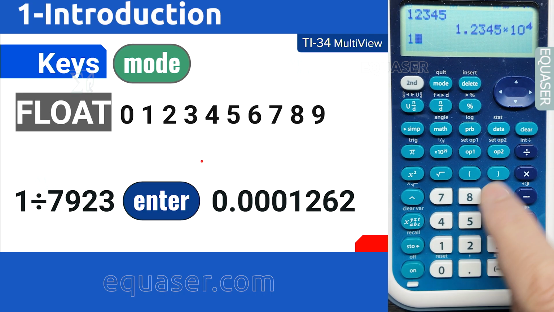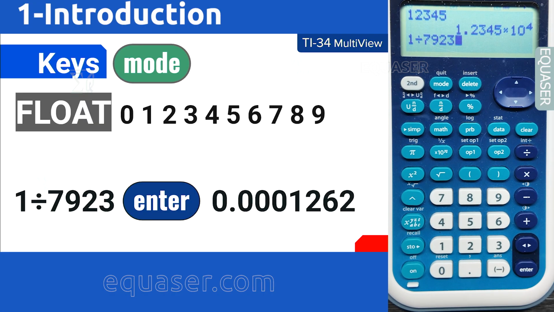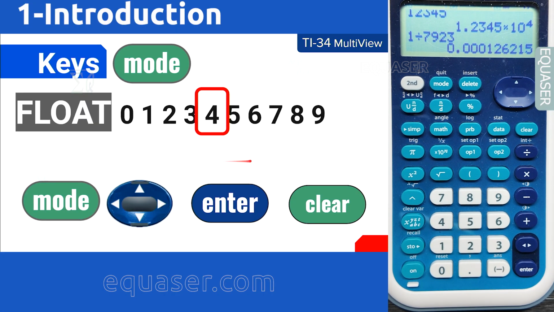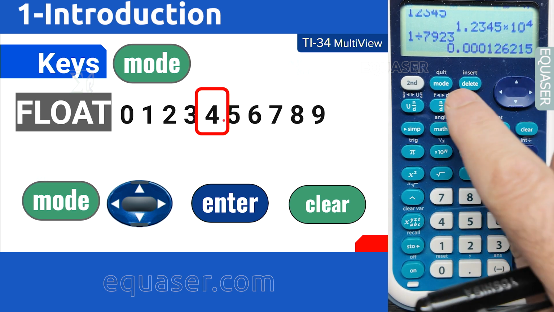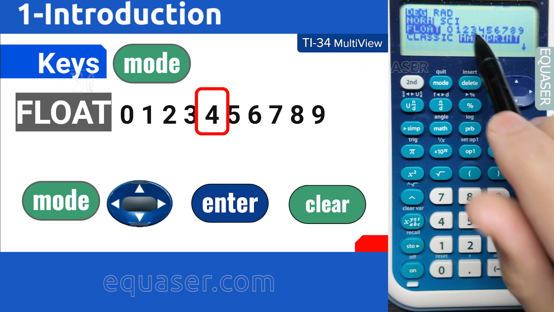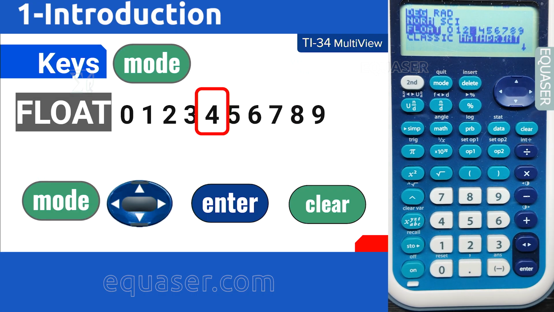For example, 1 divided by 7923, and enter, we see the result like this. But if we select for floating point, press mode, come down and go to 4, now press enter.